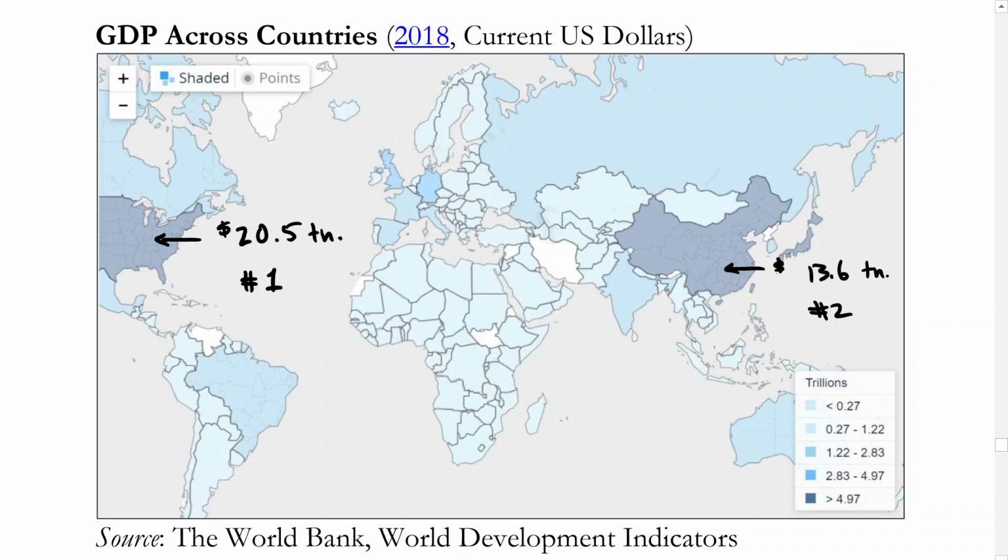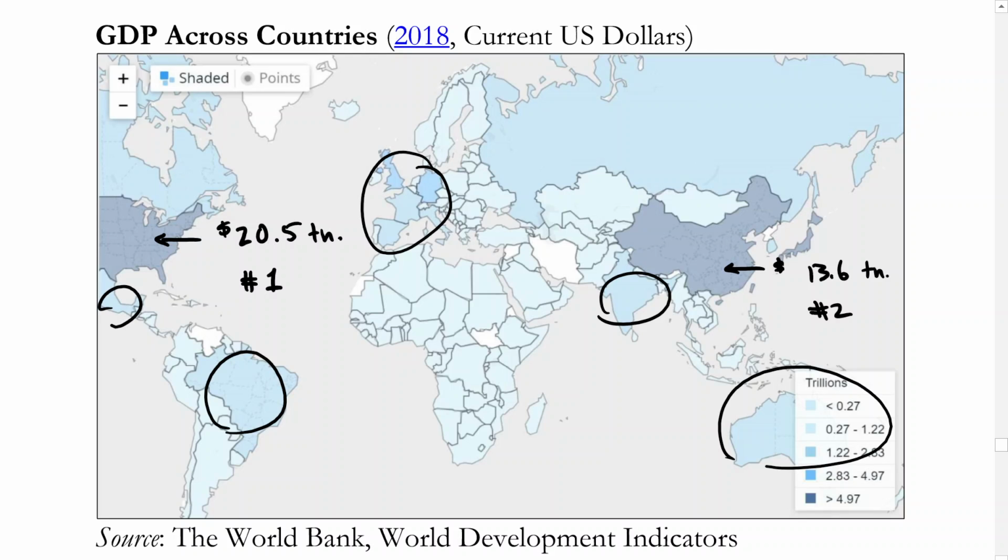And then we have some other countries here that also have pretty large GDPs, just based on the coloring here. So certainly, places like Germany and England and generally Western Europe have pretty high GDPs. But also you've got India, Australia, Brazil, Mexico, Canada, Russia.